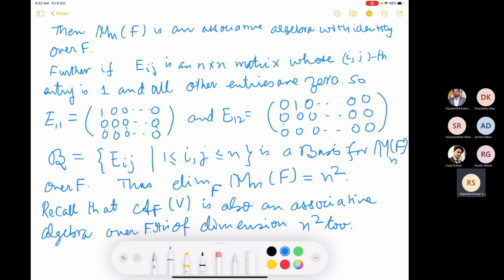So we have two associative algebras with identity. This is also with identity. And both are of the same dimensions.